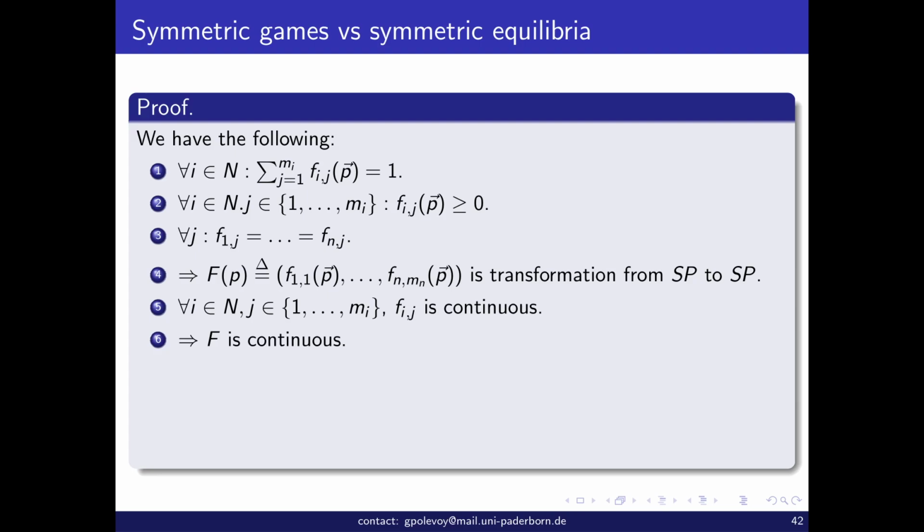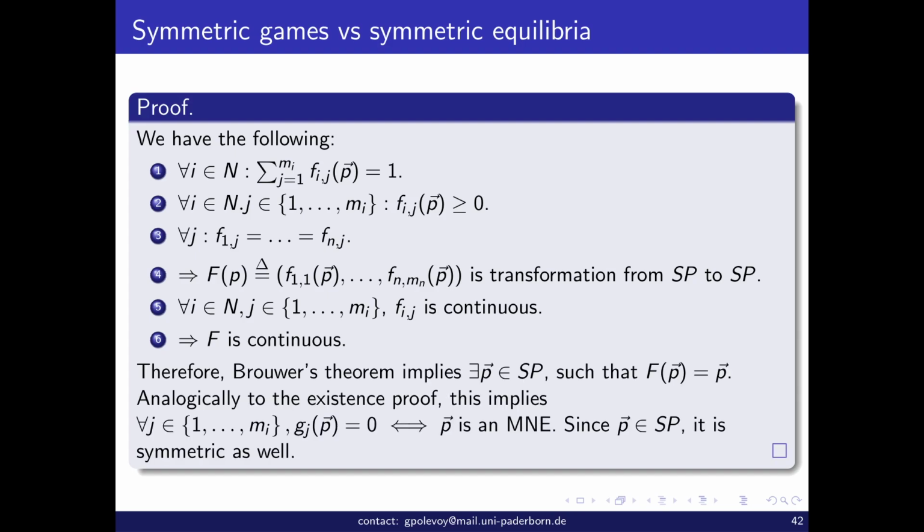So it's a transformation which goes from a set which, we proved, is not empty, convex and closed, and this transformation is continuous. Therefore, by Brouwer's theorem, there is a point in this SP such that F of this point is equal to this point. That is the fixed point. Analogously to what we did in the proof of existence, if you need, just go to that lecture and take a look.